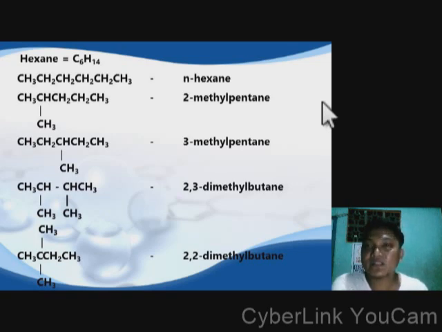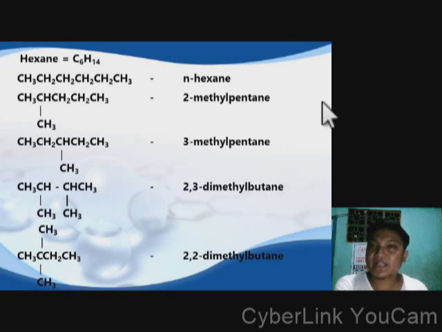Diba? So, hexane, ilan na yung carbon? Kanina, C5, mayroon tayong dalawa. Ngayon, C6, meron tayong 4 na isomers. So, ano yung molecular formula of your hexane? C6H14. So, meron tayong 6 na carbon, tsaka 14 na hydrogen.